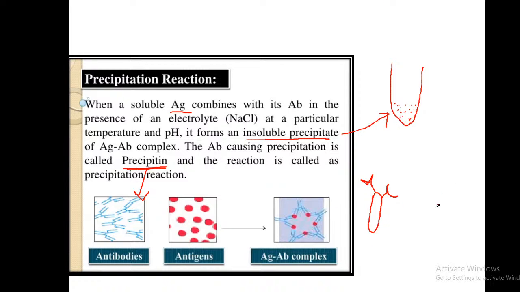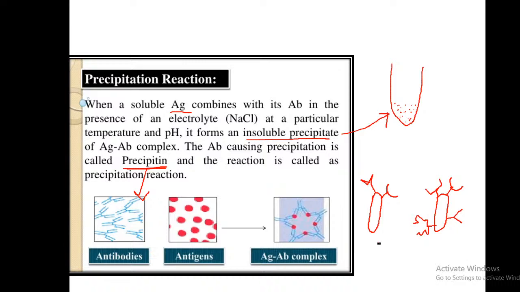This is known as bivalent. Or if a microbe comes, the microbe can have multivalent structures. The microbe may be multivalent. This is known as multivalent. So antigen can be either multivalent or bivalent.